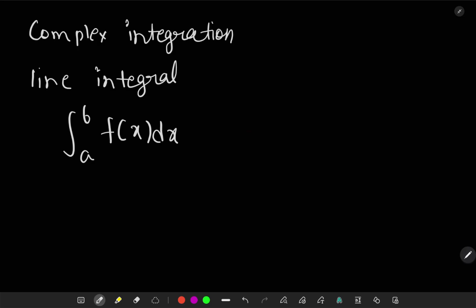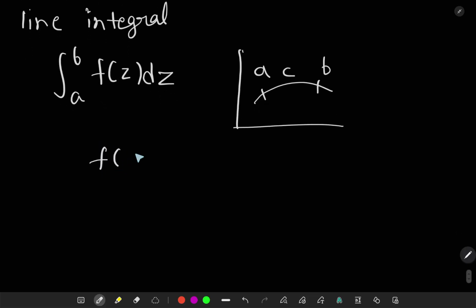For complex numbers we use f z dz along a curve. Here this is a curve from a to b, here f of z equals u plus iota v, and z equals x plus iota y.